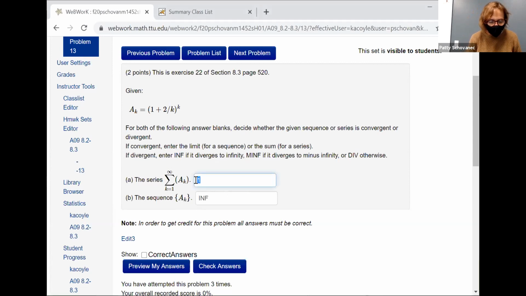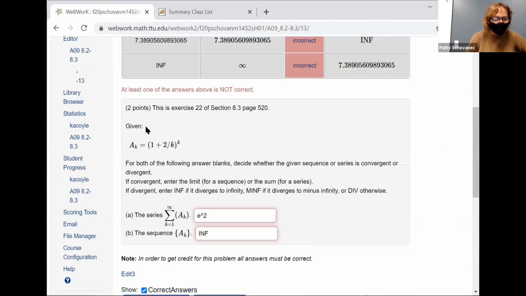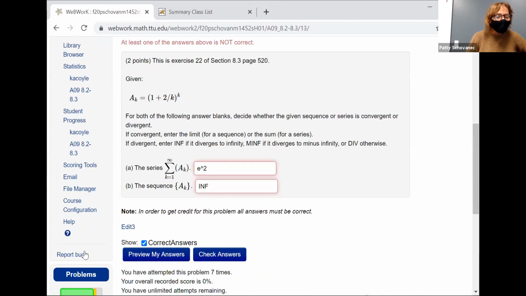Remember, this was e squared. Now we're checking. Uh-oh. Maybe we've done it backwards. Let me see which way you did it. Oh, we got it backwards. The sequence went to e squared. The sequence we did first. The sum becomes infinite.